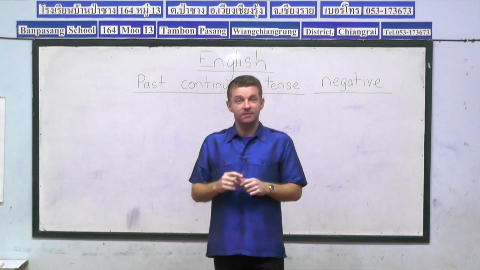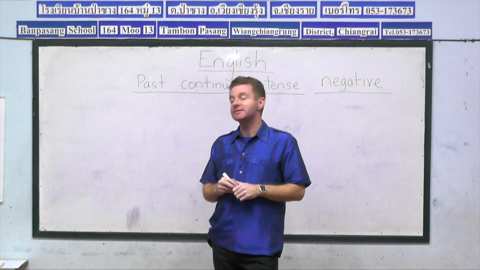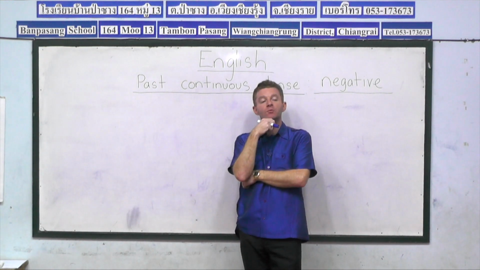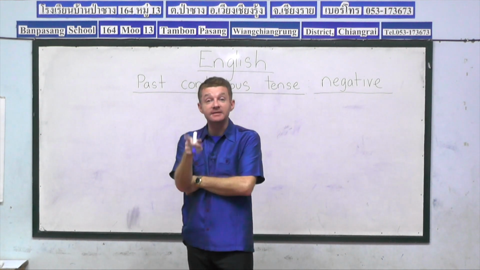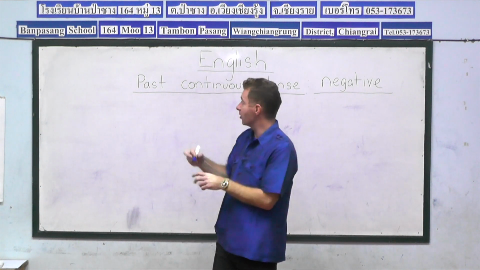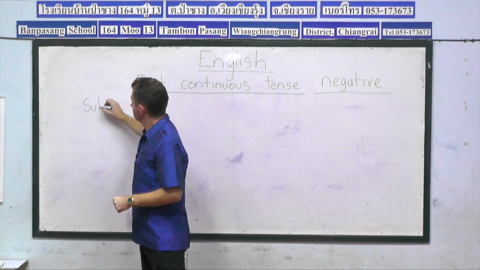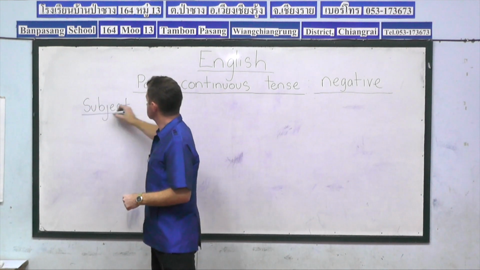Not. Correct. So let's see if our students can remember the correct form of structuring the sentence. What's our first word that we need to put, guys? What type of word? The subject. It still remains the subject. The first word is still subject. Okay, so word number 1, subject.